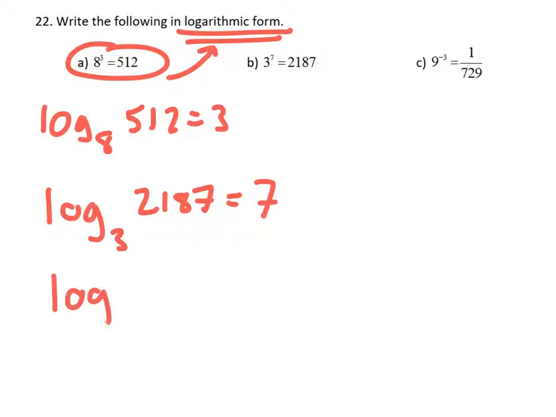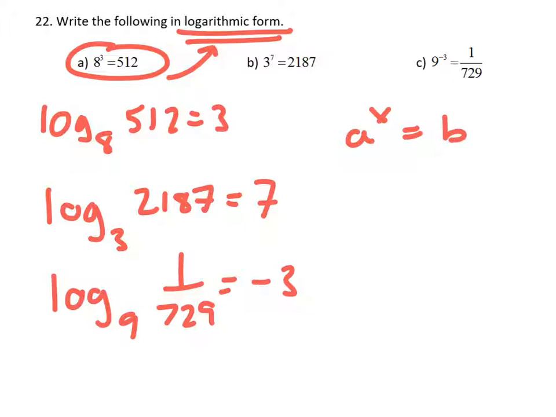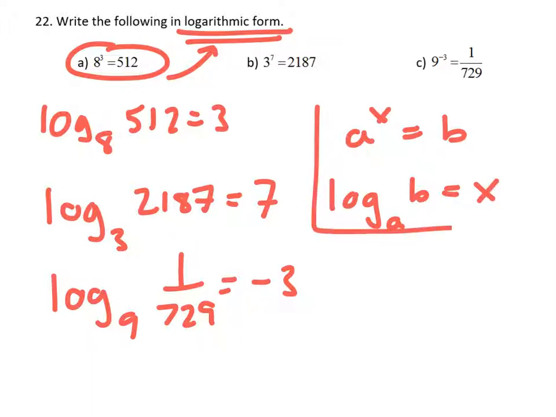Here in this case, the base is a 9, the answer is 729, and the exponent is -3. Basically, the idea is if we have it in this format, it can be written as log base a of b equals x. These are interchangeable between each other.